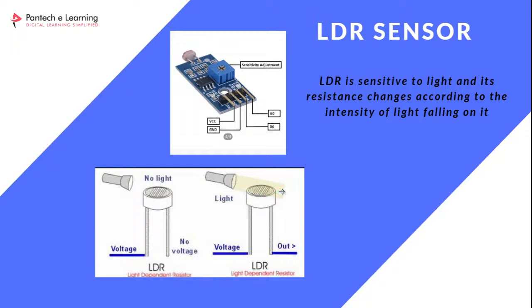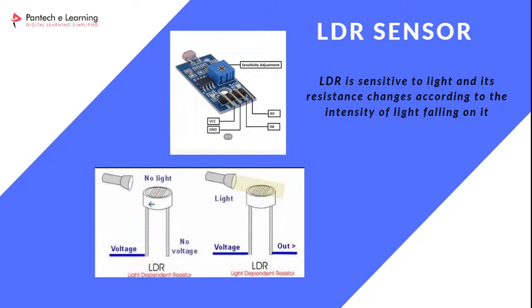It is made up of a high resistance semiconductor and its resistance increases in darkness and decreases in light. Again I am telling you this, note this. It is made up of a high resistance semiconductor. Its resistance increases in darkness and decreases in light.